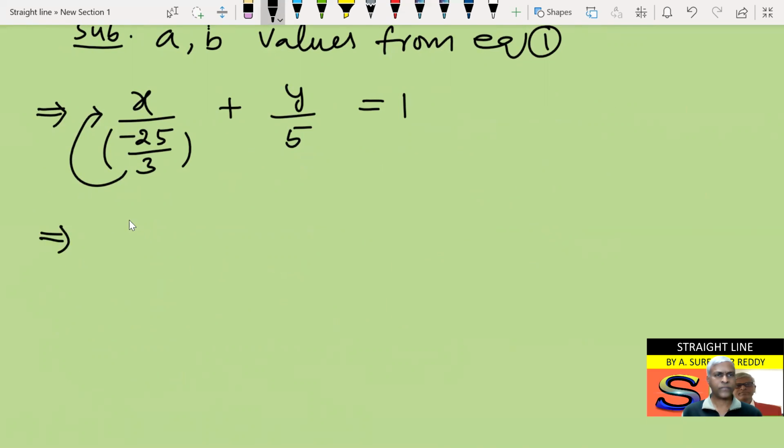You can write it as minus also if you take 3x by 25, y by 5 is equal to 1.